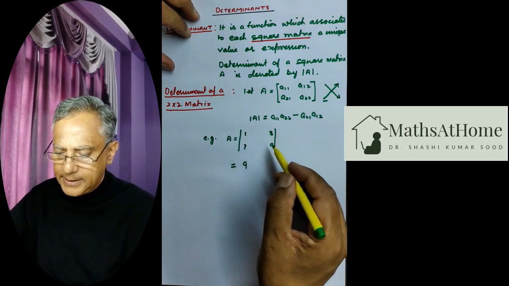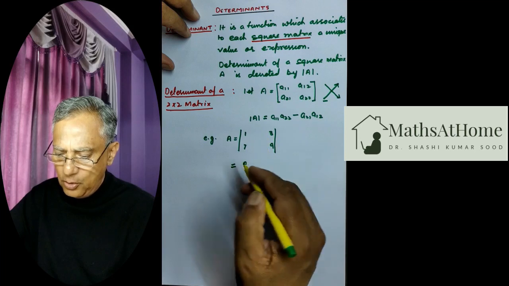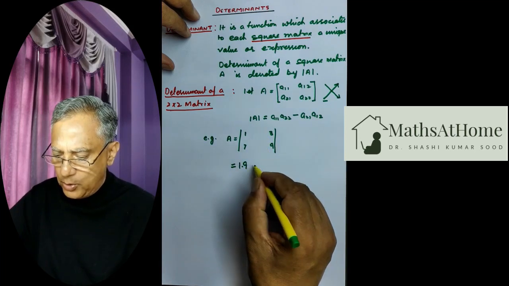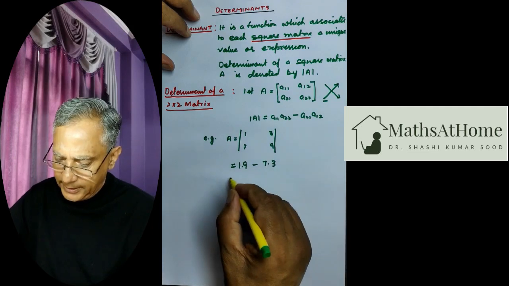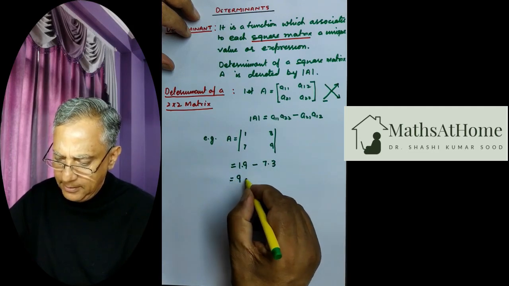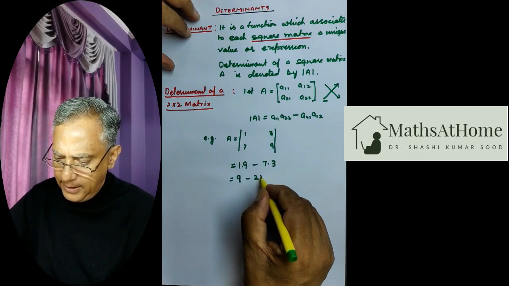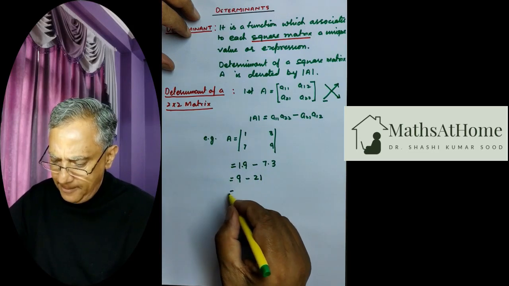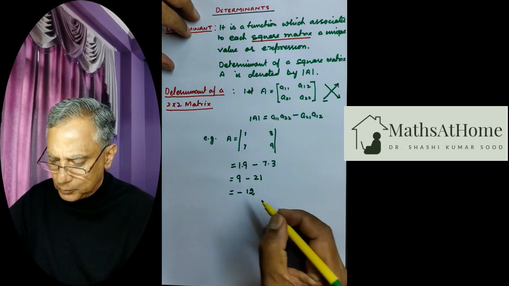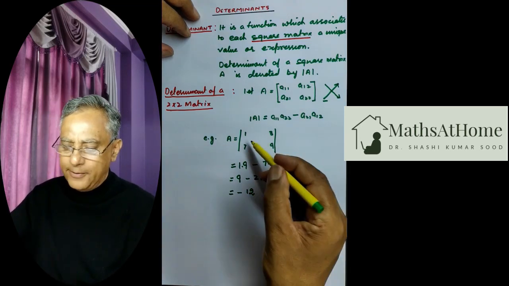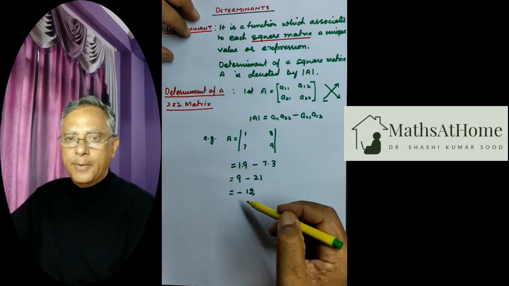Now determinant is this into this minus this into this. So 1 into 9 minus 7 into 3. That is 9 minus 21. That is equal to minus 12. So minus 12 is the value of this determinant.